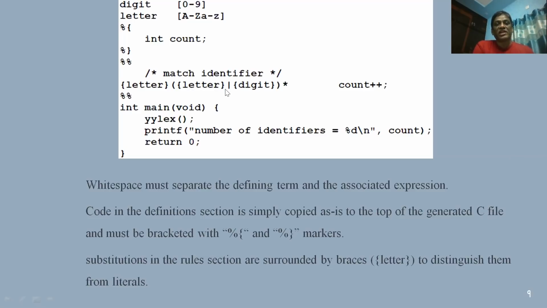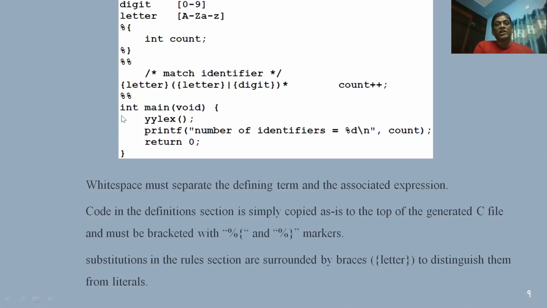This entire pattern is a regular expression for an identifier. Whenever this is found, we define an action here. What is that action? count plus plus. So this is the pattern and this is the action. Initially count is 0. Whenever an identifier which matches this is found, count plus plus will be done.